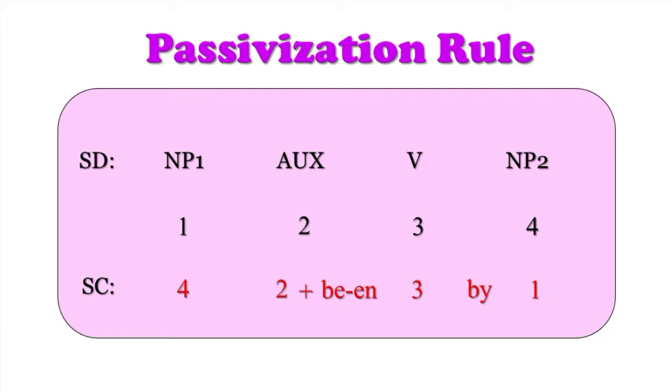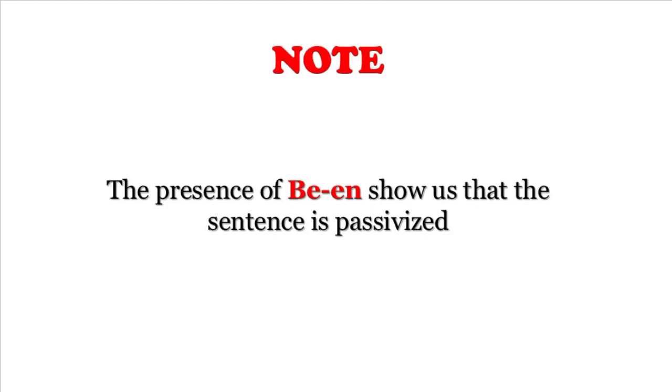من بعد تناخدو the number 2 وتنحطوه كما هو واللي هو الaux تنزيدو عليه ben يعني the insertion of ben. من بعد تنخليو the verb اللي هو number 3 كما هو تنزيدو عليهم the insertion of by and مورا by تنديرو number 1 واللي هو the mp1 ديال the active sentence ولا the deep structure. هادشي تتولي عندنا the structural change فيها number 4, 2 plus ben, 3 اللي هو الverb, by, 1 اللي هو mp1. واحد الملاحظة بسيطة اللي تخلينا نفرقوا ما بين the active sentences and the passive sentences واللي هي the presence of ben.